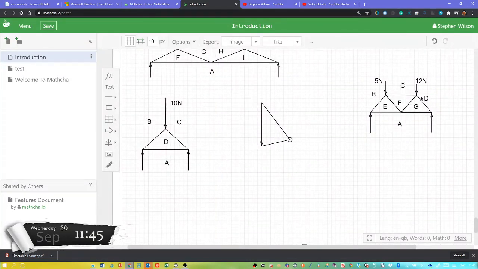So what do we know? We know 5 newtons and 12 newtons. What can we remember from our vector drawings? We draw what we know to scale, and each vector continues from where the last one left off. So 1, 2, 3, 4, 5, and then 5, 6, 7, 8, 9, 10, 11, 12. So we've drawn them to scale end to end.